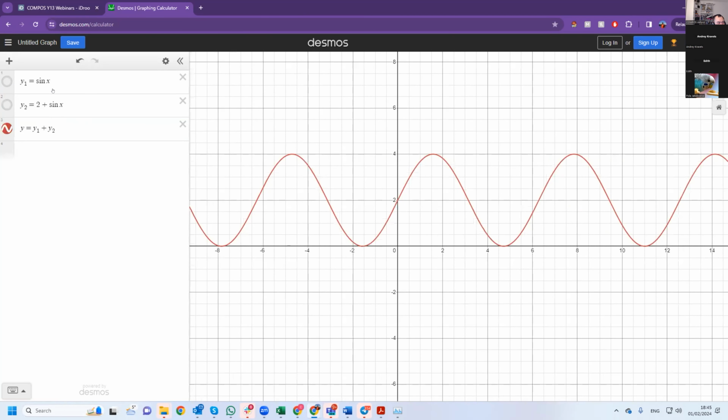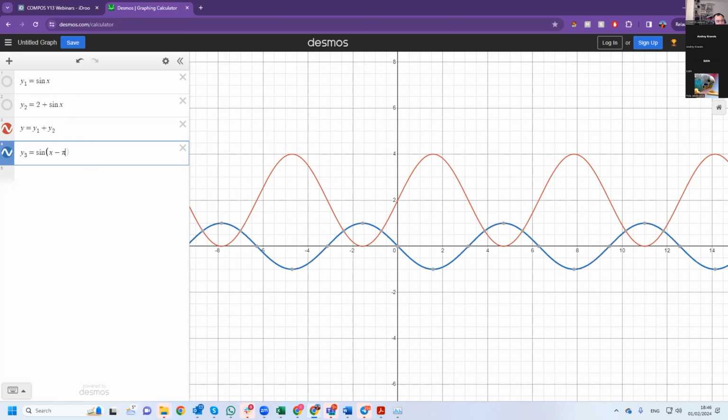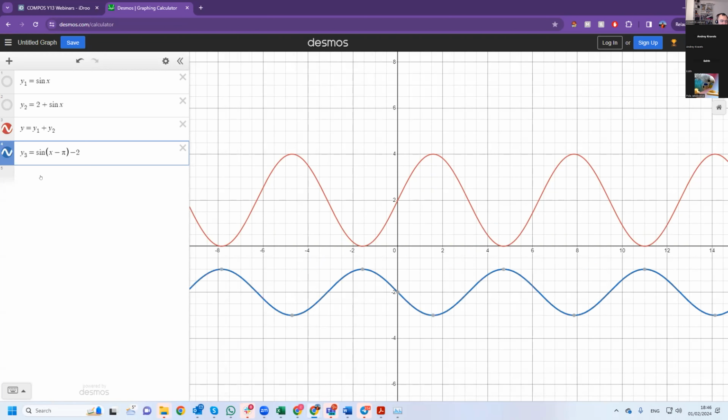So I take a sine graph, and now I take another graph, y3 equals sine of x minus pi, and minus 2, just shifting it down.